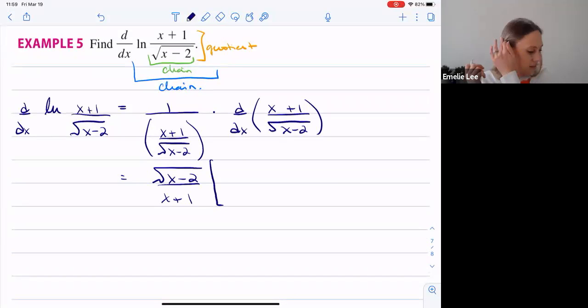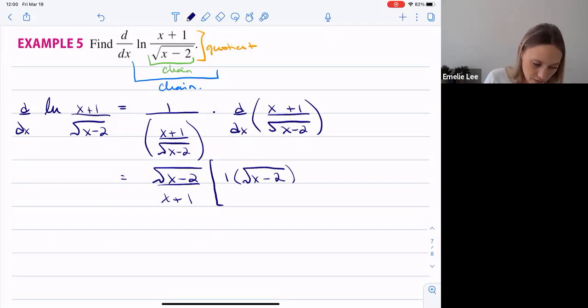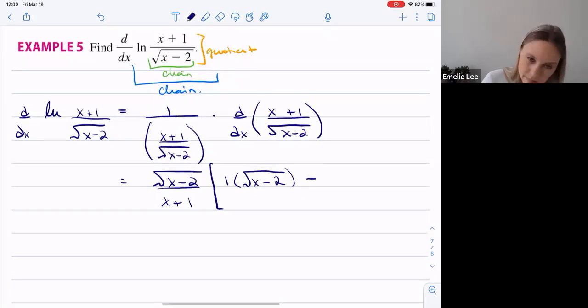Okay, here we go. I'll start with the quotient rule, and I'll incorporate that chain rule into my quotient rule, because of course when I take the derivative of the denominator, that's a chain rule. So the derivative of the top one is just 1 times the denominator, the root of x minus 2. For the quotient rule, we subtract, right?